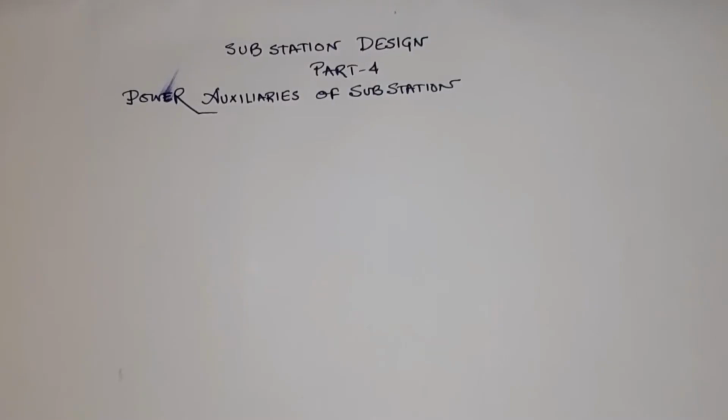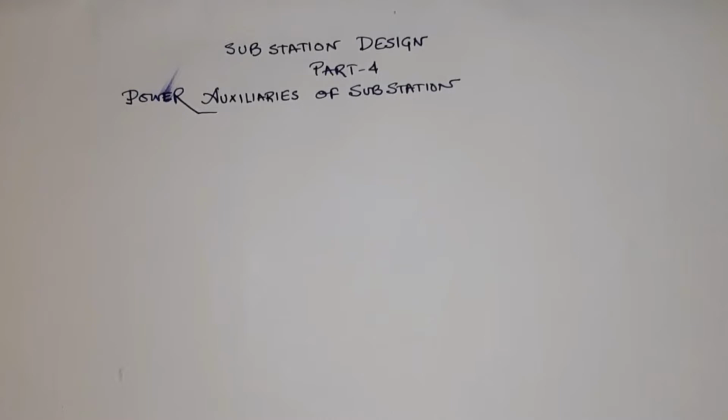So in the previous sections, we discussed the major components of substations and the types of substations, etc. We have learned that there are many major pieces of equipment in a substation, like bus bar, circuit breaker, isolator, transformer, switchboards, lightning arrestor, potential transformer, etc. But apart from this, there are many auxiliary power supplies you need to arrange.